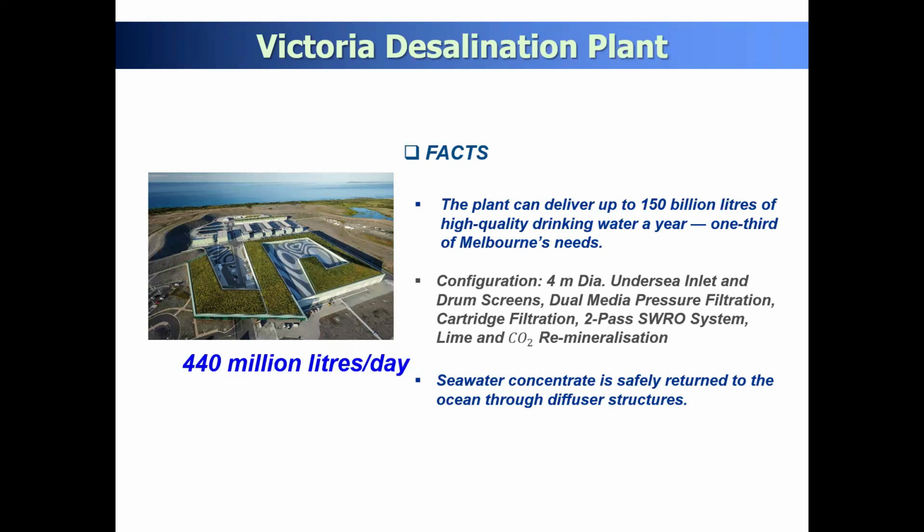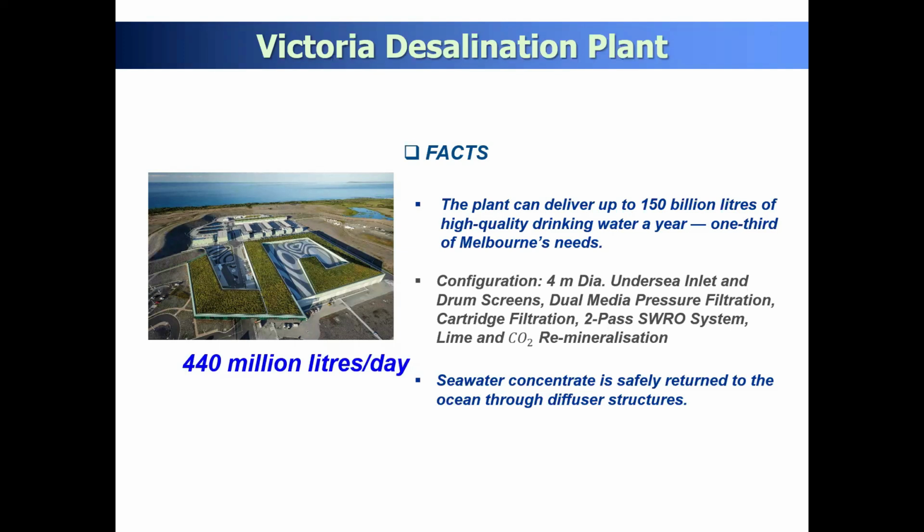Never operated. They have a plan. They are maintaining it, but after the millennium drought there was enough rainfall, and they never ever operated it. So this is like a future insurance, just in case in the future there is more population, maybe some more drought, it could be possible, but they never ever use this seawater desalination plant.